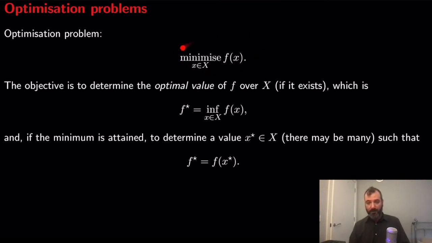Again, we are focusing on this optimization problem. The objective here, what we're looking for, is to determine the optimal value of f over this set X. So we are looking for the infimum of this function f, the lowest possible, the highest of all possible lower bounds, the infimum. This is what we're looking for.